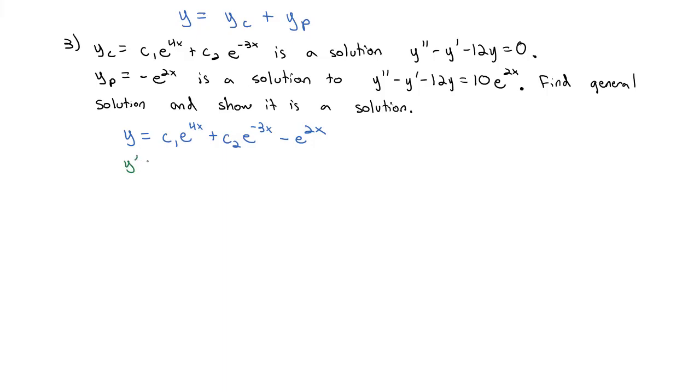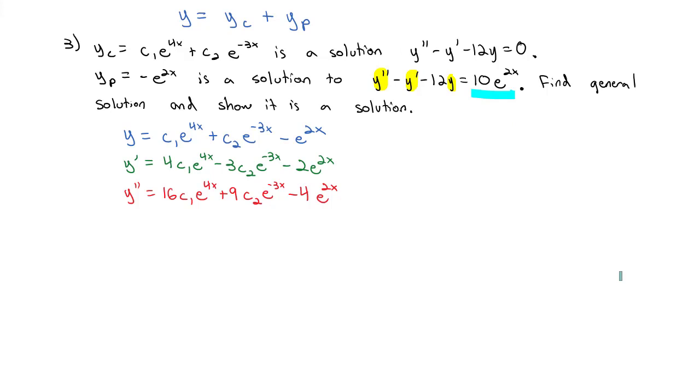We're going to find y prime, which is 4c1 e to the 4x minus 3c2 e to the negative 3x minus 2 e to the 2x. And the second derivative is 16c1 e to the 4x plus 9c2 e to the negative 3x minus 4 e to the 2x. Then we'll plug it into our second derivative, first derivative, and y. And when we do, hopefully we'll get an answer of 10 e to the 2x.